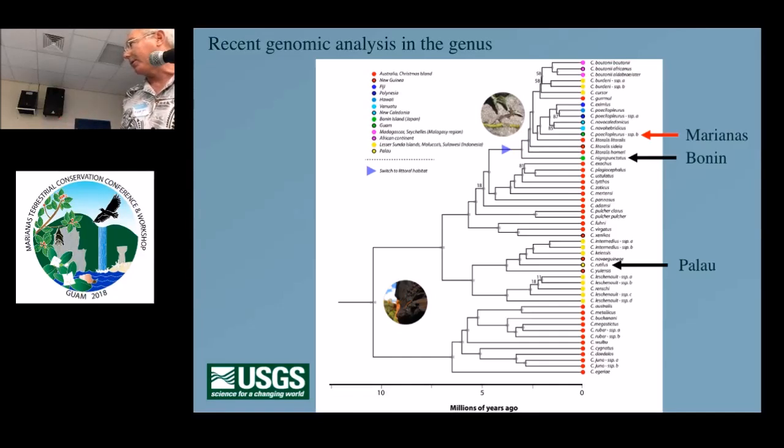Red is all Australia and New Guinea, and then yellow is kind of Indonesia, and then some of these are the other Pacific Island clades. I'll zoom into this in a minute. But basically, the Marianas are an independent invasion into that region of the Pacific from Japan or from Palau. Palau is a really old lineage that's unrelated to the lizards that are here in the Marianas or in Bonin.